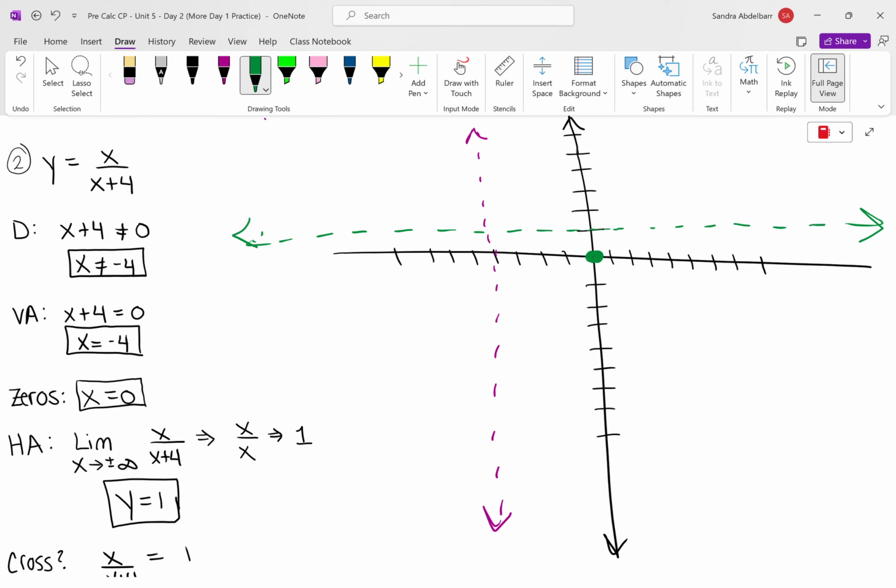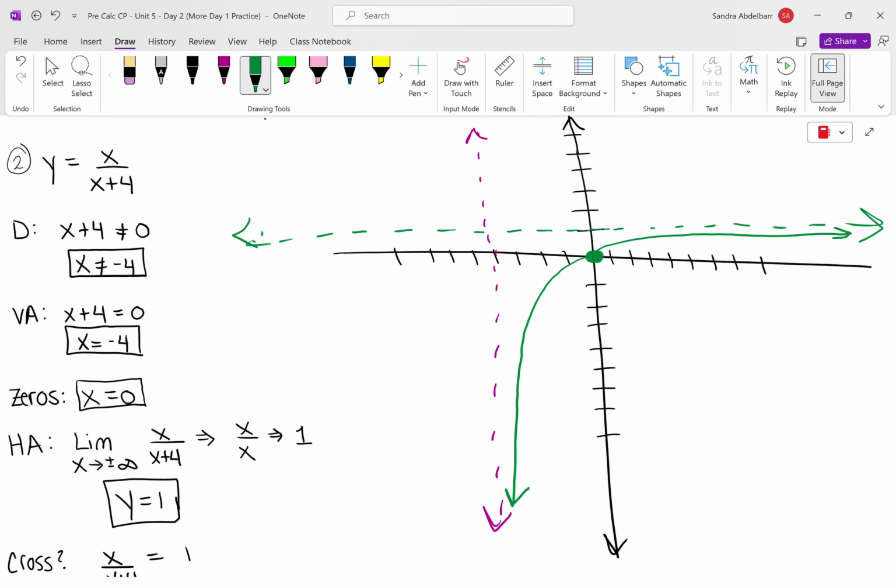Because I'm below the horizontal asymptote, I know that I'm not crossing it, so I'm staying below it, which means I have to hug it this way. And then what else should I do to get the rest of the graph? Go down this way. Because we have to get close to the asymptotes but never cross them. As long as we know which quadrant we're in, we can always create that sketch.